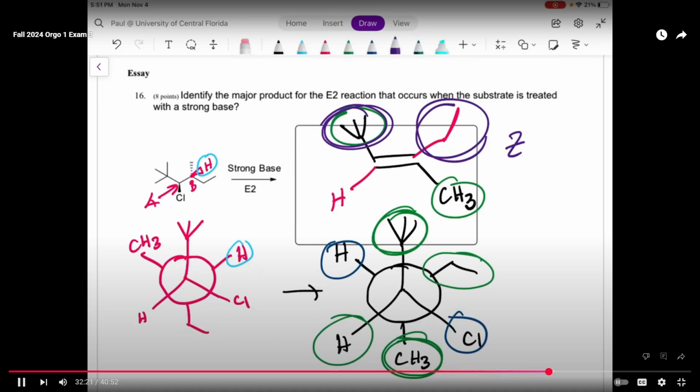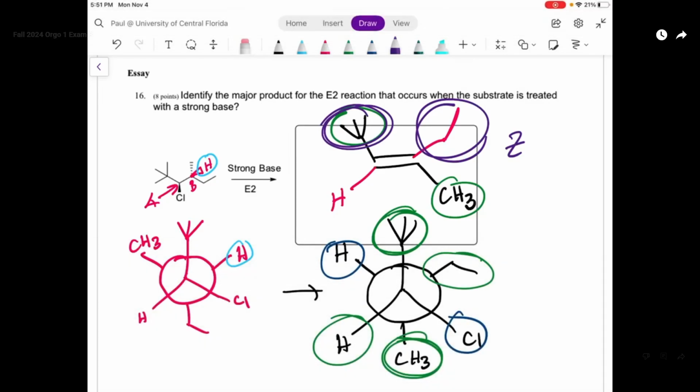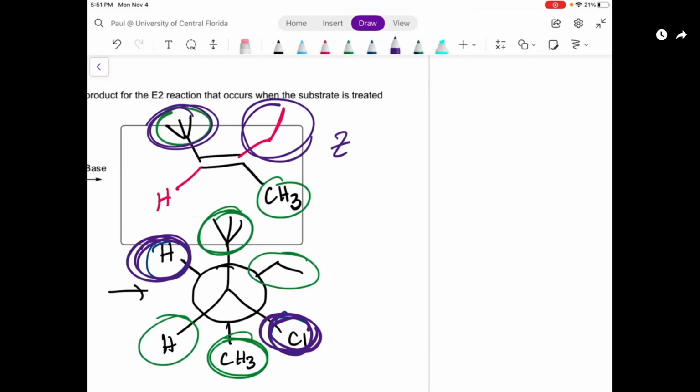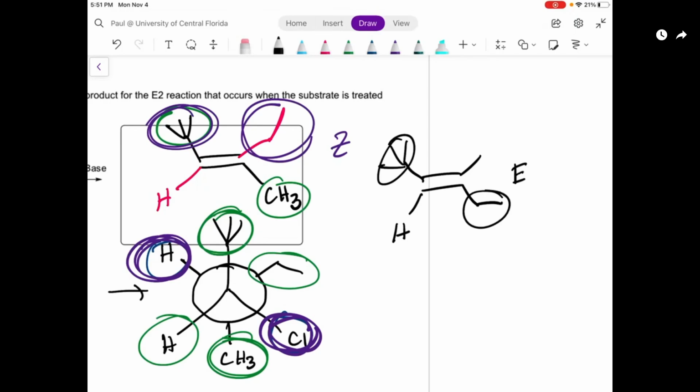That's real nice. And that is the only possible product that you can make, because that's the only conformation that you will find with this hydrogen and that leaving group right there, antiperiplanar. So if that's the molecule that you drew, then you got the full 8 points. If you drew this product right here, the E isomer, like this, okay, that's the E isomer, because that group and that group are on opposite sides of one another, you would get 4 points.